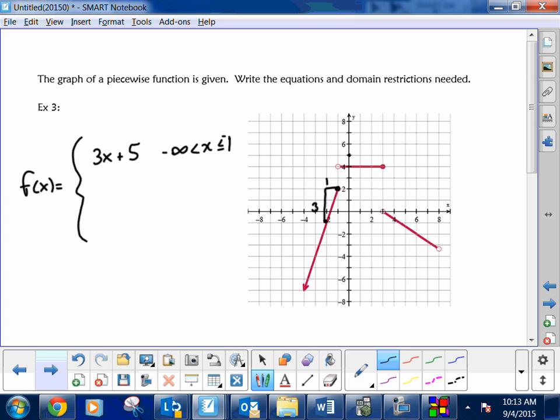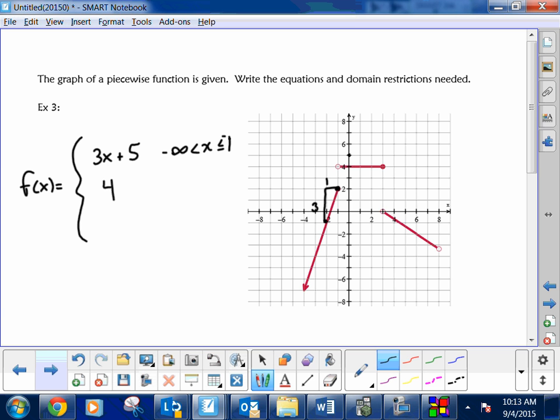Just 4, right? Since this represents y equals for all 3 of them, all you're going to do is write down 4, because we're saying graph y equals 4. And with the same idea, we restrict it.